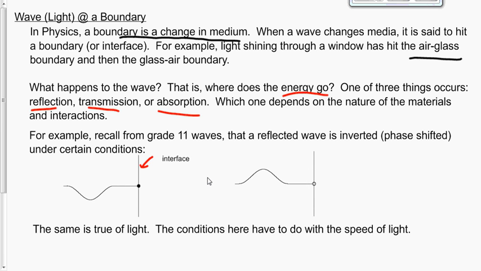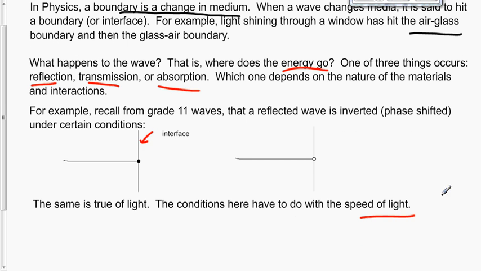And the same thing happens with light, since light behaves as a wave. But what's actually different about these two interfaces in this case with light is the speed. So we've got to talk a little bit today, before we get too far, about this idea of the speed of light. We know that in a vacuum, all light travels at the same speed, c, that universal constant, somewhere in the neighborhood of 3 times 10 to the power of 8 meters per second, so incredibly fast.